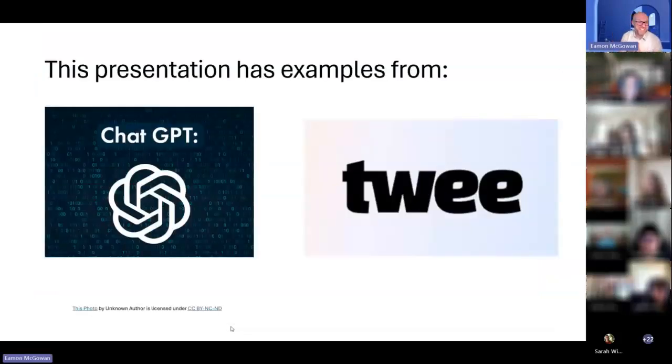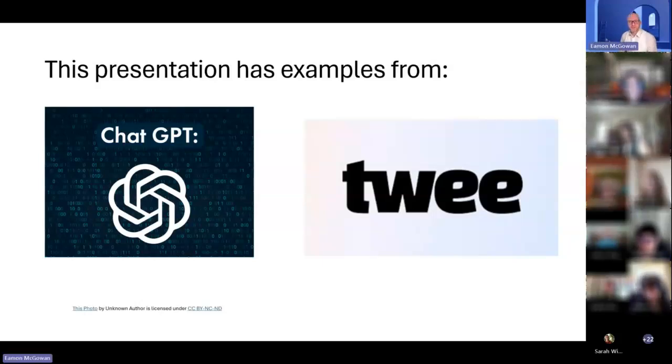Most of what you'll see today comes from ChatGPT, which most of us have heard of, and Twee. In the chat, can you just put a quick yes or no? Have you used Twee before? All right.